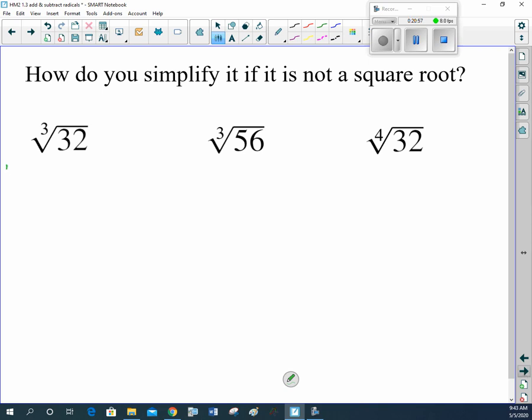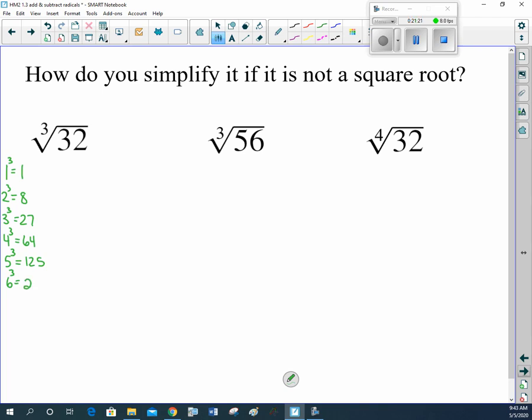If you take 1 and raise it to the third power, you get 1. 2 raised to the third power is 8. 3 raised to the third power is 27. 4 raised to the third is 64. 5 raised to the third is 125. 6 raised to the third, I think, is 216. Let's double check that.